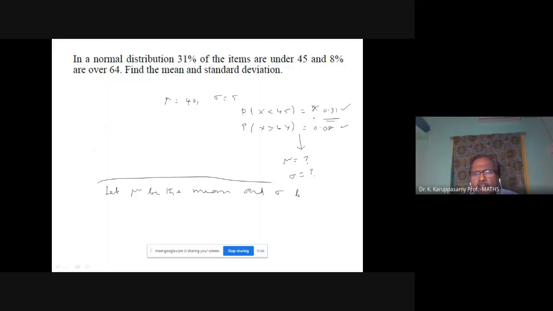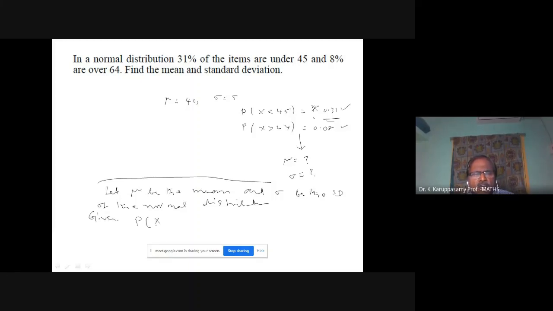Let mu be the mean and sigma be the standard deviation of the normal distribution. What is given?